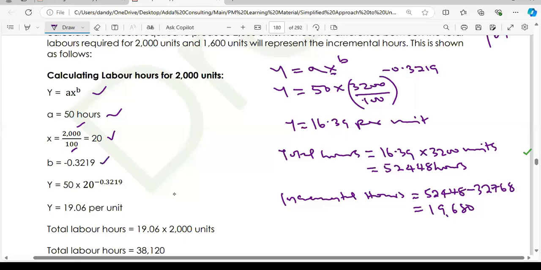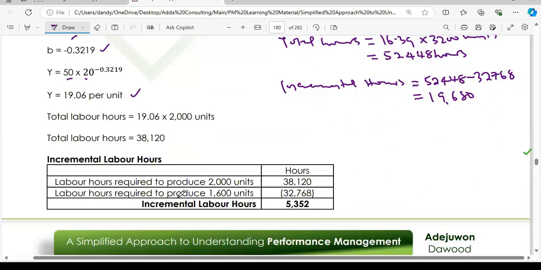Then I need to calculate the cumulative average time taken per unit. So that is 50 multiplied by 20 raised to power minus 0.3219. The cumulative average time per unit is 19.06. All I need to do now is multiply this by the 2,000 units required.